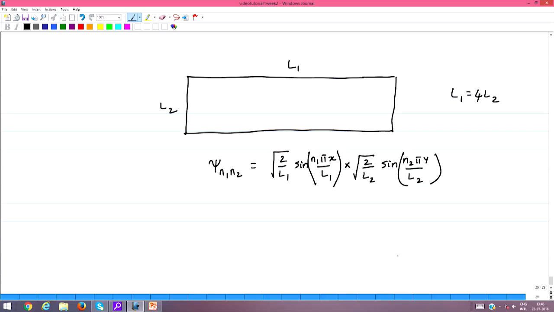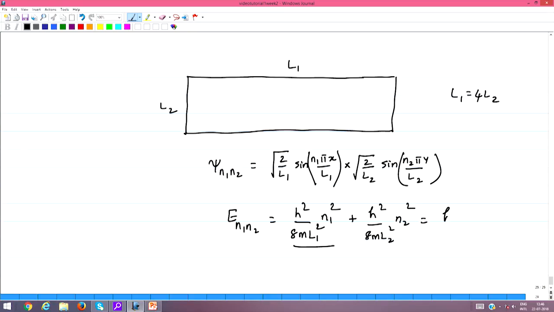In the case of a square box, since L1 and L2 were the same, root 2 by L and root 2 by L became 2 by L, and the expressions were very simple. But this is the rectangular box, and therefore the energy E n1 n2 is the sum of the 2 one dimensional energies, which is h squared by 8 m L1 squared times n1 squared. This is the energy in the dimension of L1, and the other energy is h squared by 8 m L2 squared times n2 squared.